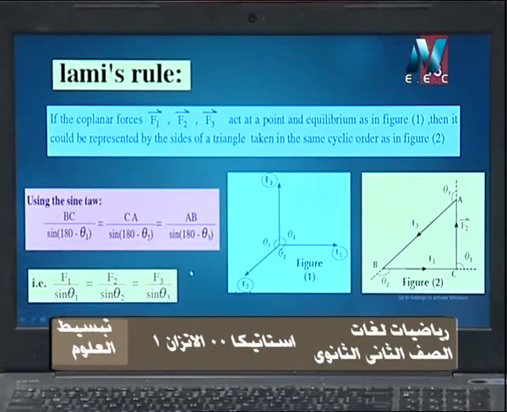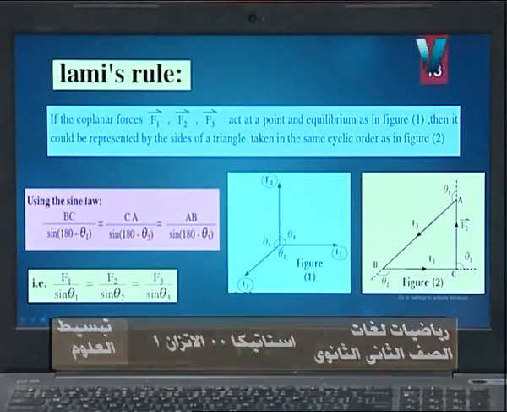So the final answer is F1 over sine theta 1 equals F2 over sine theta 2 equals F3 over sine theta 3. In the figure, look carefully, it's easy to understand. We have F1 divided by sine theta 1, not theta 1, not the angle, but the sine of the angle.